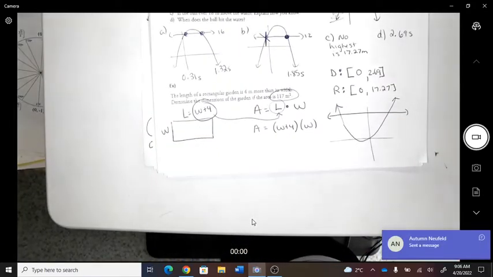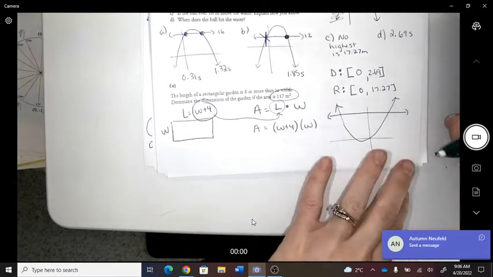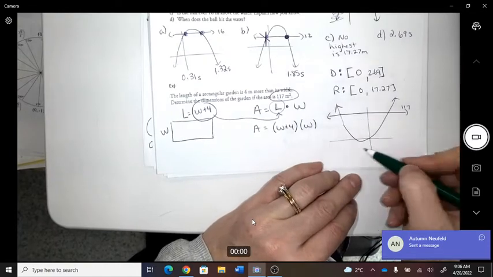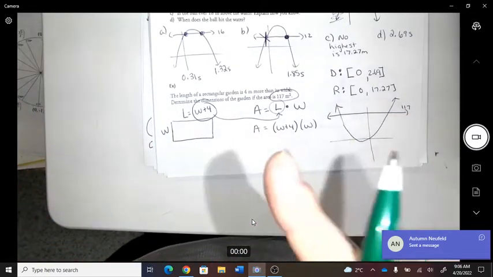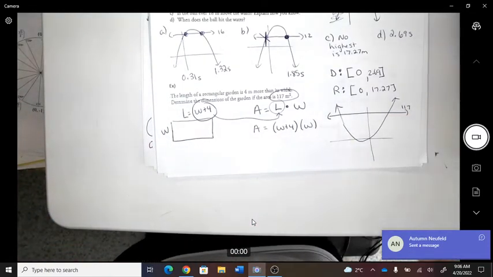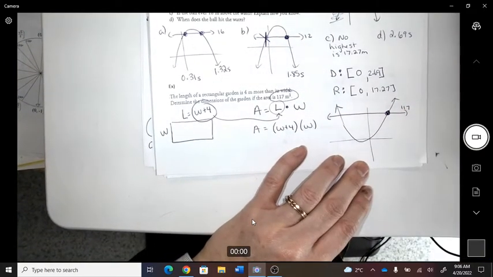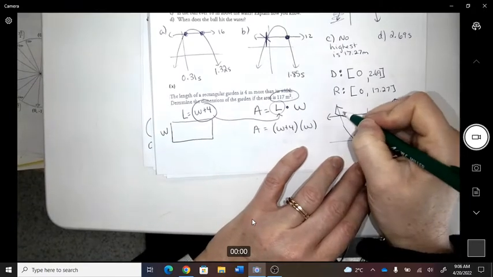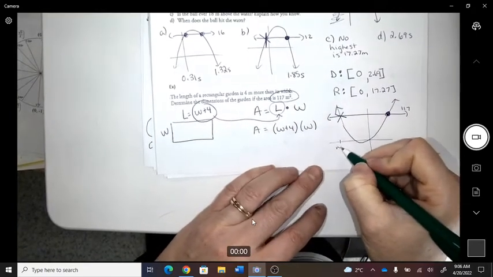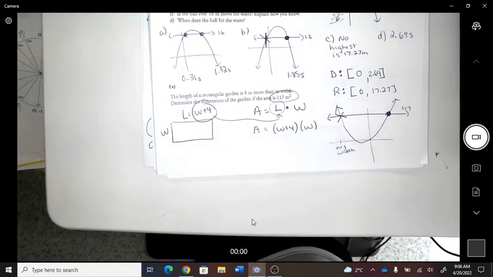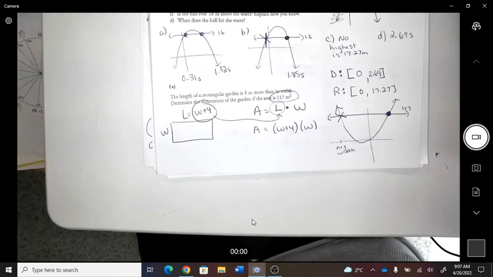So that's what it looks like, the area. So when does the parabola, which is the area, when does it equal exactly 117? And I'm going to get it here. And I'm not going to do this one because then I would be answering with a negative width. We can't answer like that. That's not possible.